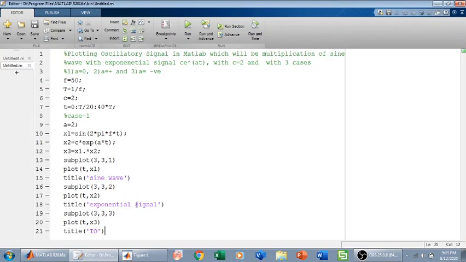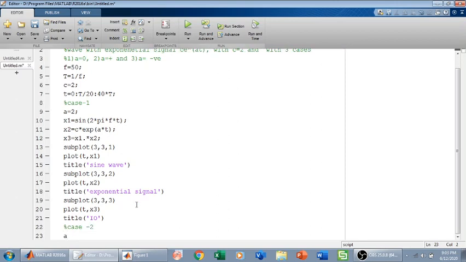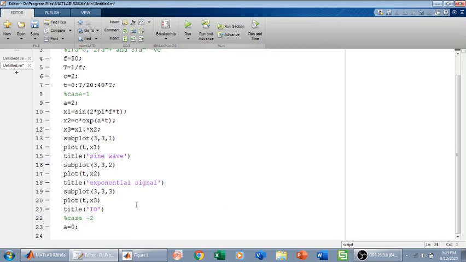Now we will plot case 2, which was for a equal to 0. So now we will plot the sustained oscillation.